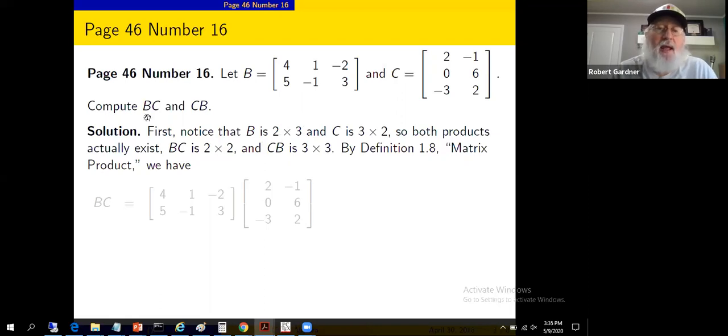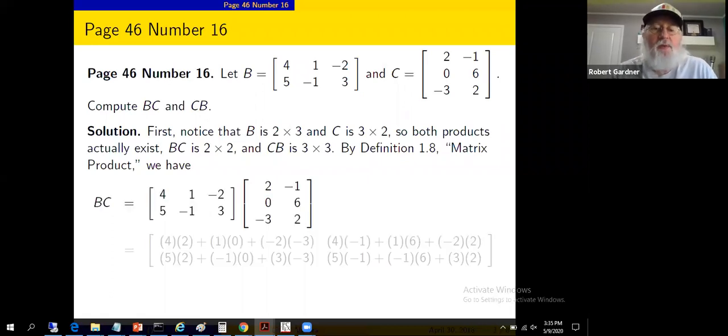So we can't have B times C equals C times B. They aren't even the same size, so they can't be the same matrix. That's the reason we're doing this one as an example: practice on taking matrix products and an observation that we don't have commutativity. So finally, an example of something in which you don't have commutativity.